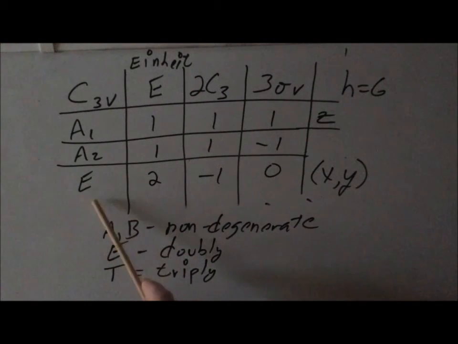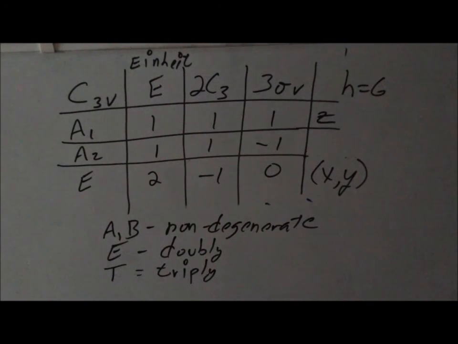You are already familiar with cases of triple degeneracy. For example, the 2p orbitals of carbon have the same energy, at least in the atomic state, so they're triply degenerate. The d orbitals for an atom, so the 3d orbitals, are 5-fold degenerate. So you have 5 different orbitals with exactly the same energy. The f orbitals are 7-fold degenerate.